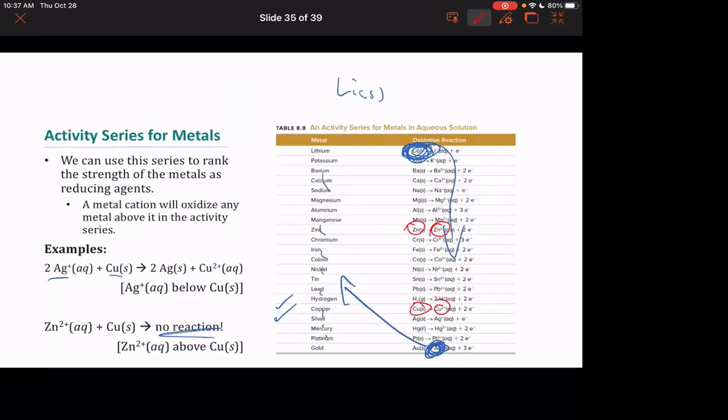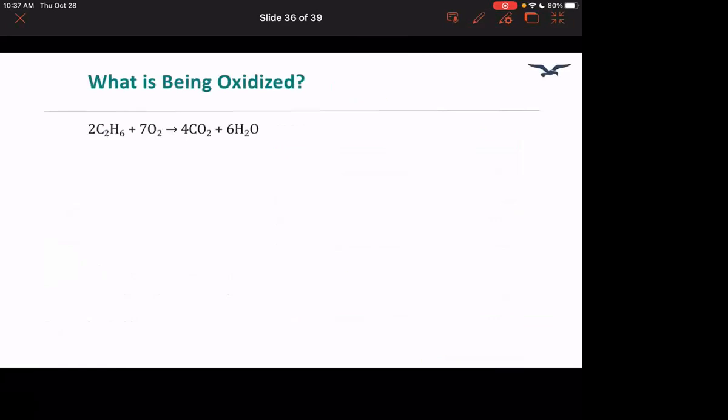Okay, let's take a look at this one. What is being oxidized? Hence, process of elimination.